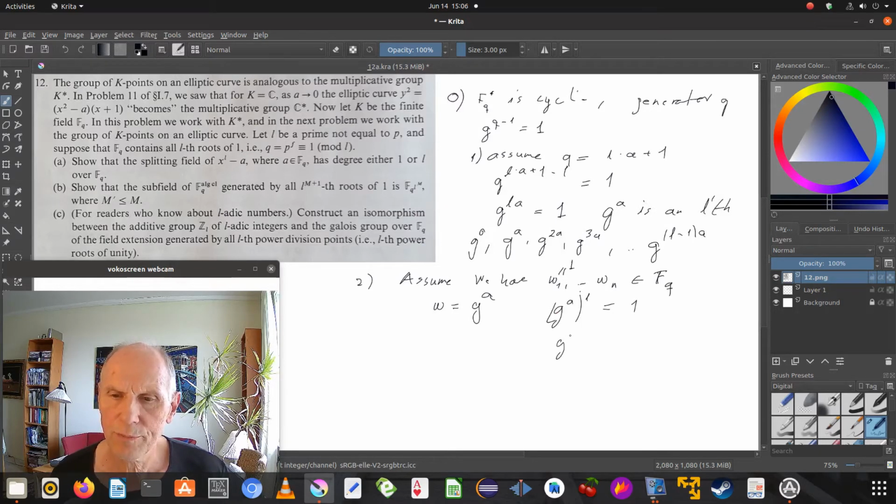That's G to AL, and then this must be a multiple of Q minus 1. Now that is wrong, a multiple of Q minus 1.